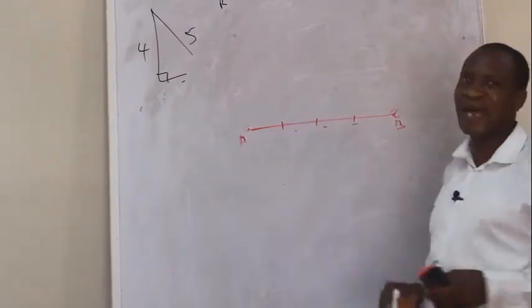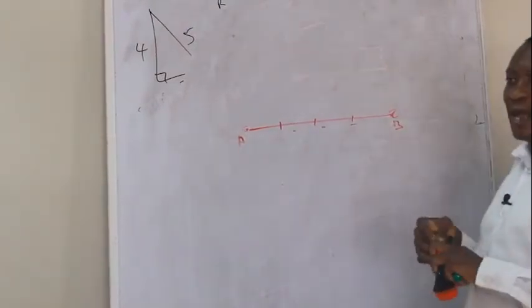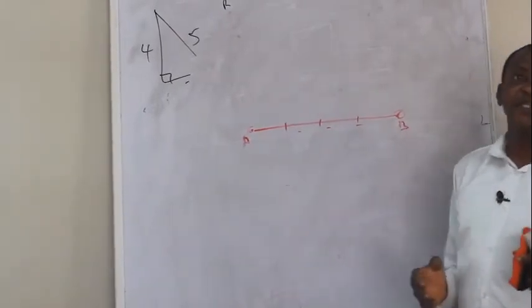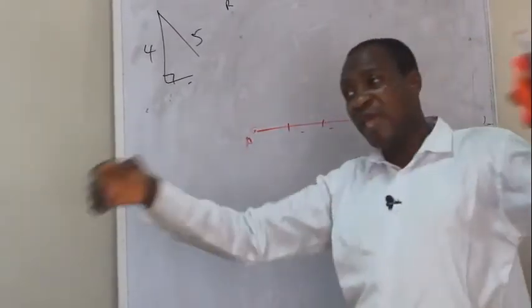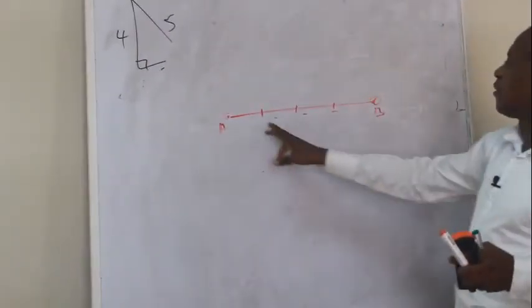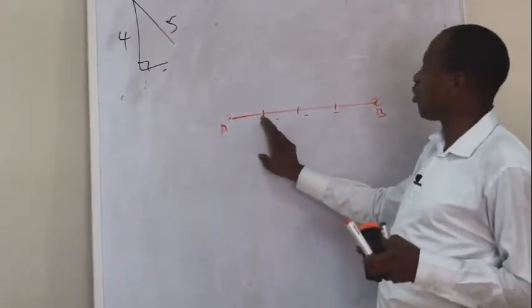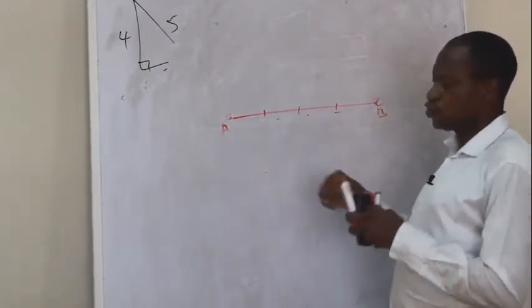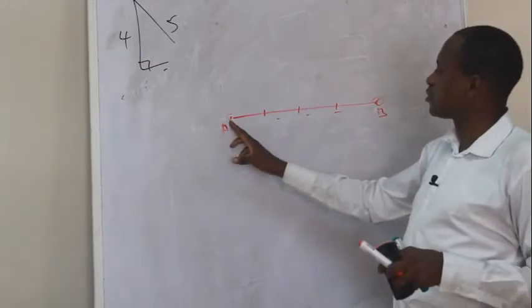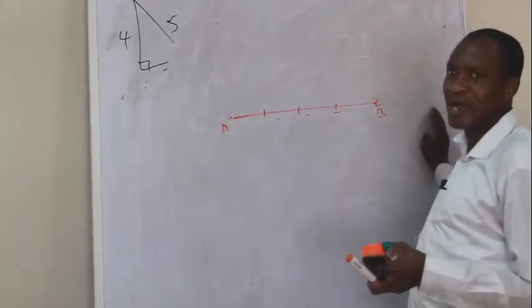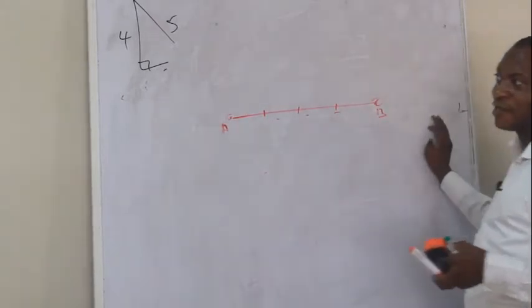Normally we do that when the distance is too long, so that your tape cannot be stretched at once. Therefore you need to fix points in between these two endpoints on a straight line, so that you can measure from here to here, where your tape can reach, and with that you can have a perfect line measured.